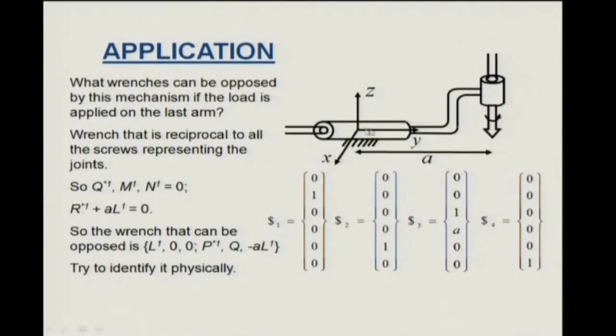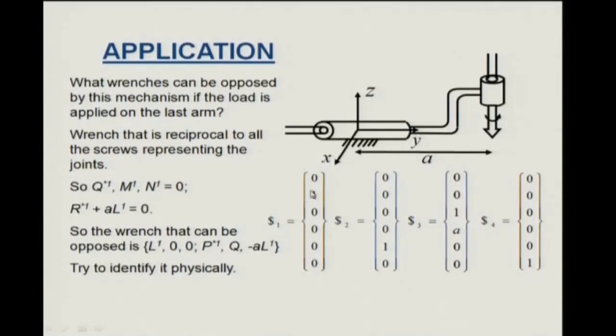So there is a screw, this is the degree of freedom along the y axis. So it can rotate about the y axis, so you get 0, 1, 0, 0, 0, 0. Now the rotation passes through the y axis, so the moments will be 0, it is passing through the origin.